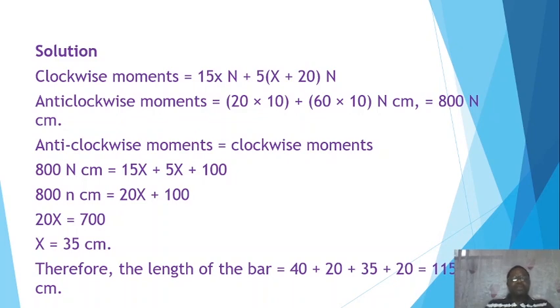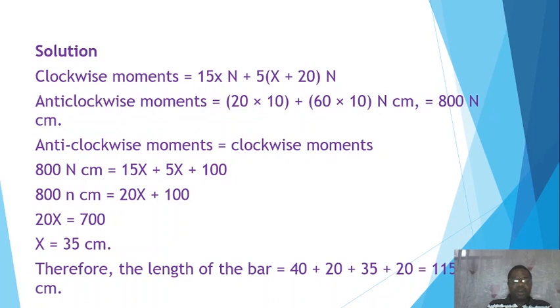So we say the anti-clockwise moment is equal to the clockwise moment. So 800 Newton cm is equal to 15x plus 5x plus 100. That means 20x plus 100 is equal to 800, so 20x is equal to 700, then x is equal to 35 cm.